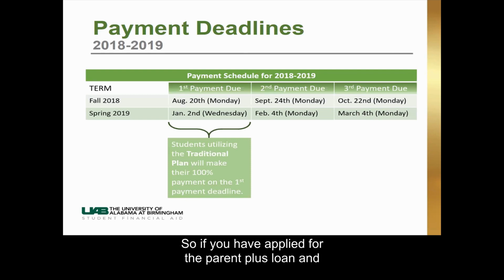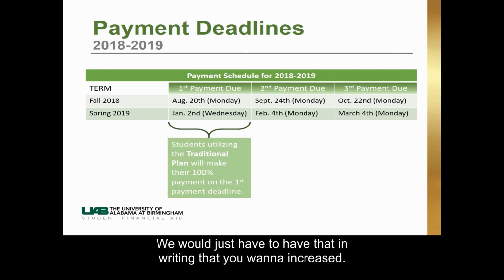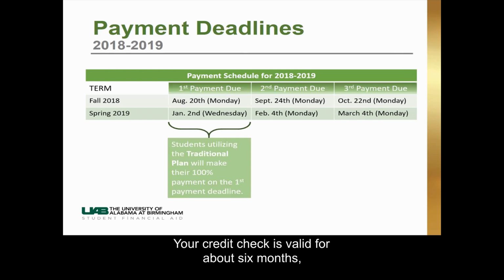So if you have applied for the Parent Plus loan and then it gets closer to the payment deadline and you realize it doesn't pay at all, you can either reapply online or you can contact our office and ask us to increase the loan. We would just have to have that in writing. Your credit check is valid for about 6 months, so it would not hit your credit again if we increased it within that 6 months.